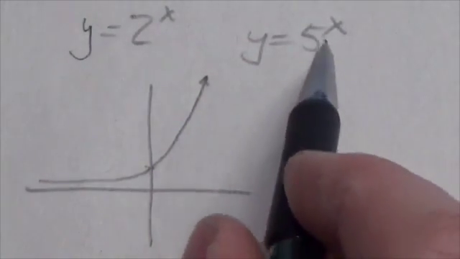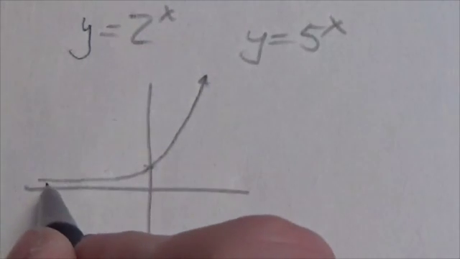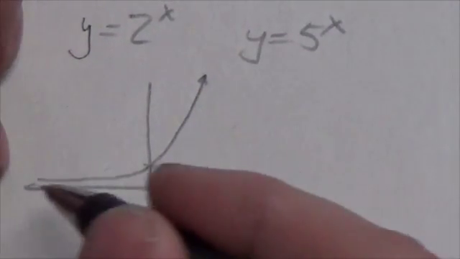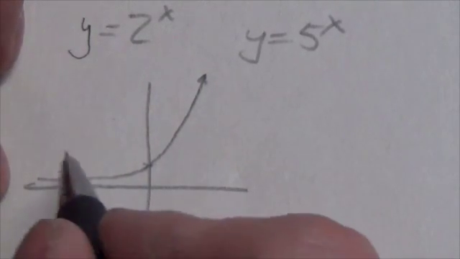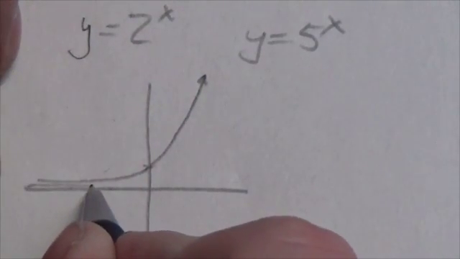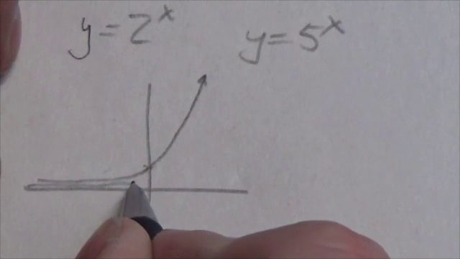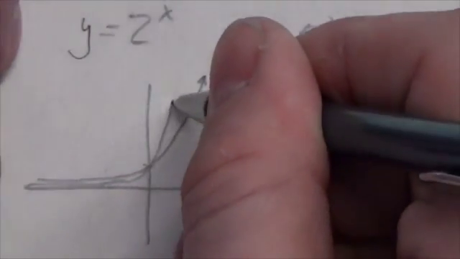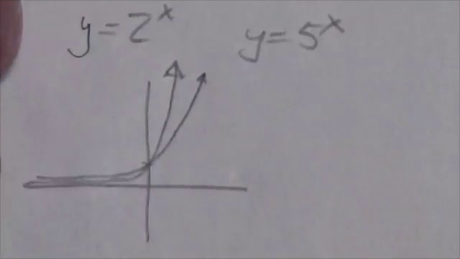But y equals 5 to the x, because the base is larger, when it's approaching the x-axis to the left, does so much closer to the x-axis. So it's going to ride along down here. Then when we get close to the y-axis, it's going to jump up. It's going to go through 1, and then it's going to increase much more quickly.